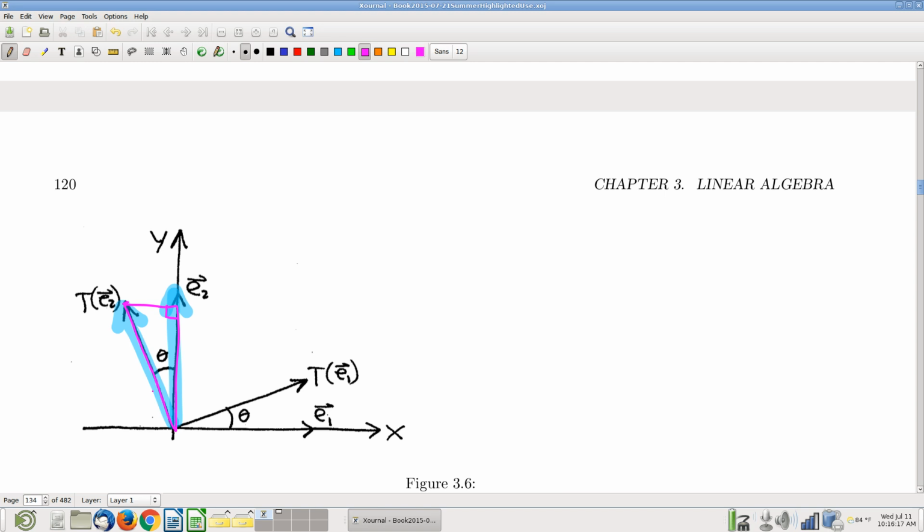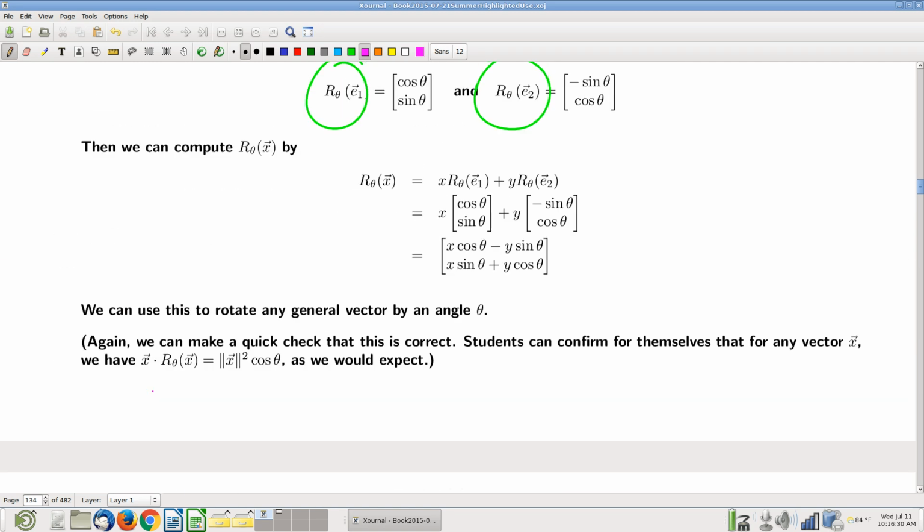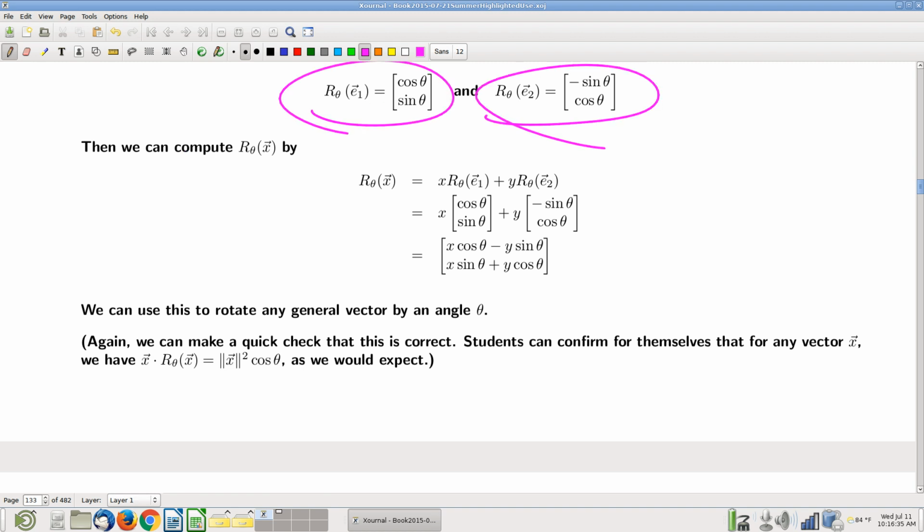So you have to apply the trig appropriately, but it's pretty basic trig that you can write there, and you can compute T of E2. It pretty much involves sines and cosines and an appropriately placed negative. So, easy calculations allow you to conclude the images of the standard basis vectors.